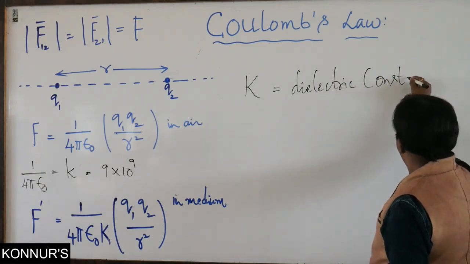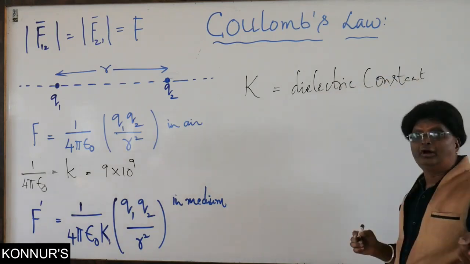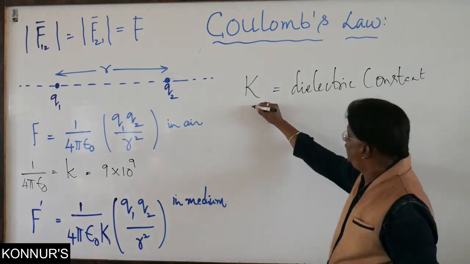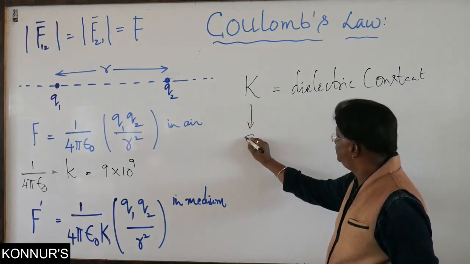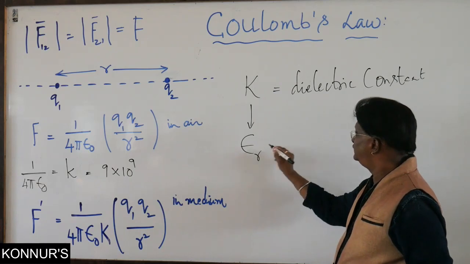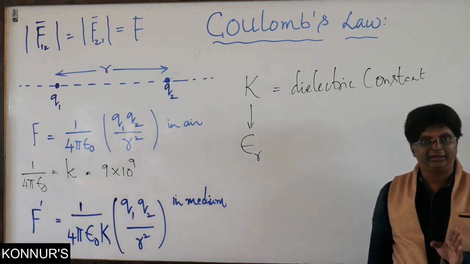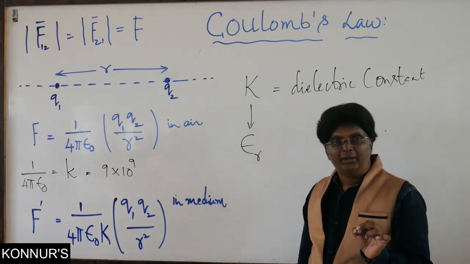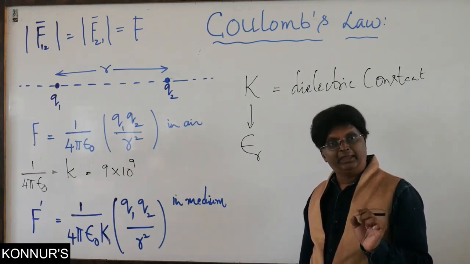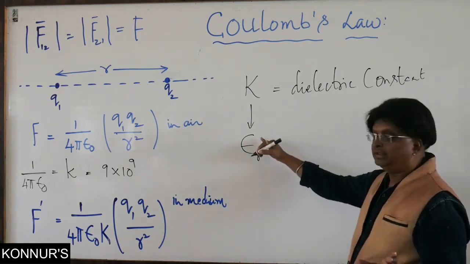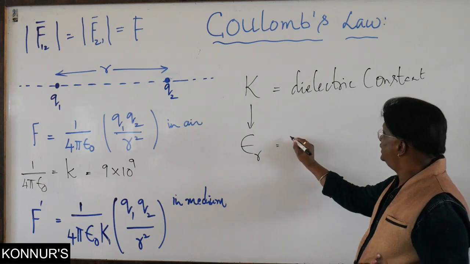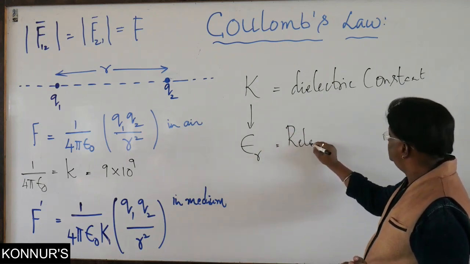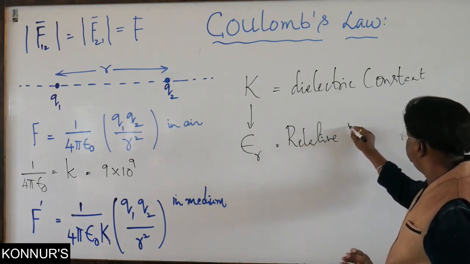The dielectric constant is otherwise also called by the symbol epsilon R. Earlier we used epsilon naught, the permittivity of air or vacuum. So epsilon R is the relative permittivity.